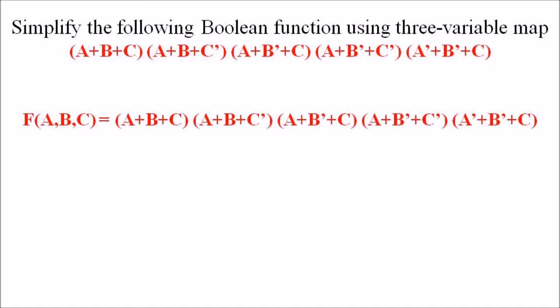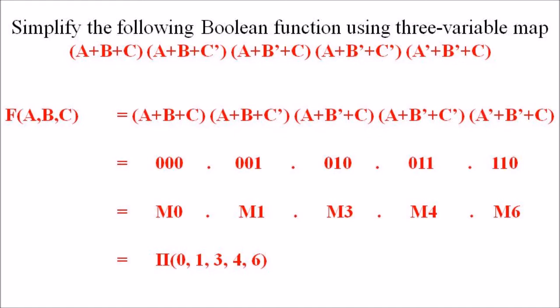The next step is to represent these variables in max term representation. For this, we convert these into max terms. A + b + c is represented in max term representation as 000.